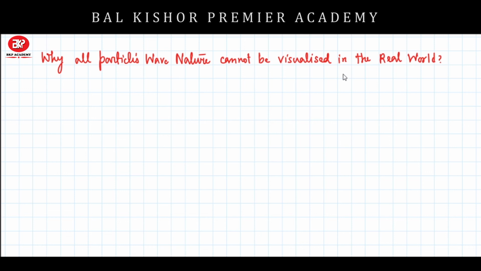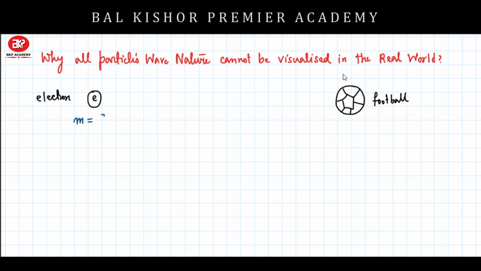According to the wave particle duality, any particle has its particle nature as well as wave nature. Suppose we have an electron and we have a football. This is a football, and this is an electron. Both of them have some mass.